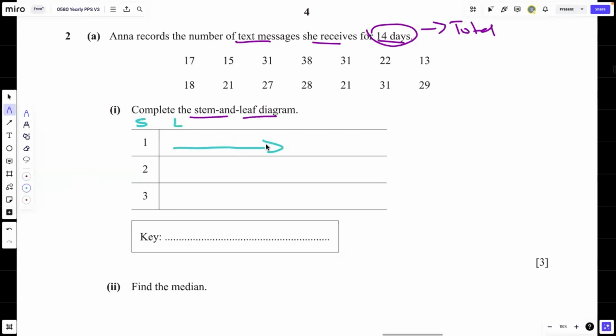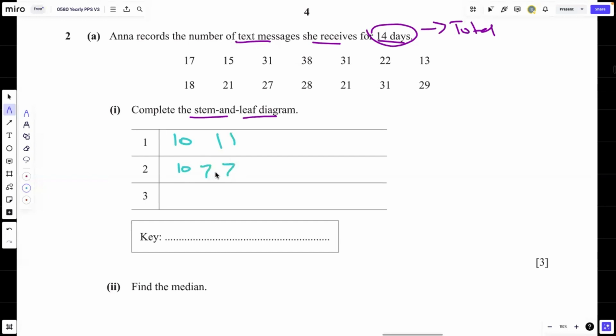The numbers in the leaf should be in ascending order, smallest to largest. You cannot write them in any order. That's one thing you need to be aware of. The second thing is that if I'm writing a number here and then another, the other number should also be below this.